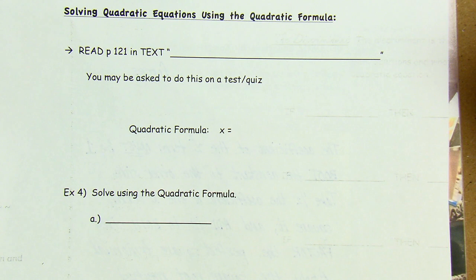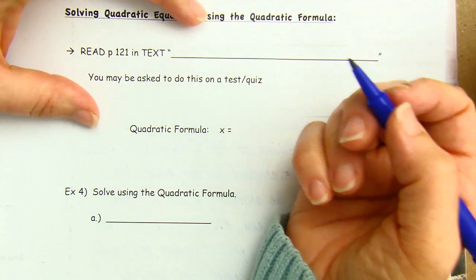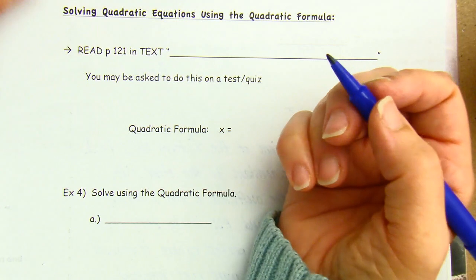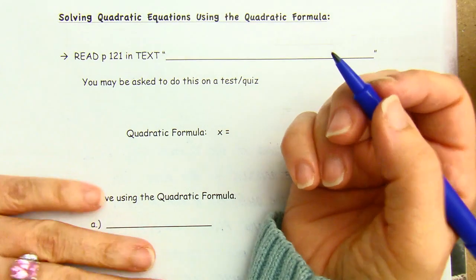I'm a big proponent for correct vocabulary in mathematics, but for lack of a better saying, it's plug and chug. Students like to substitute things into the quadratic formula and then just do the computations, which sometimes they don't do correctly. Like when they square a negative, they keep it negative. And so that's going to mess up the whole entire answer.